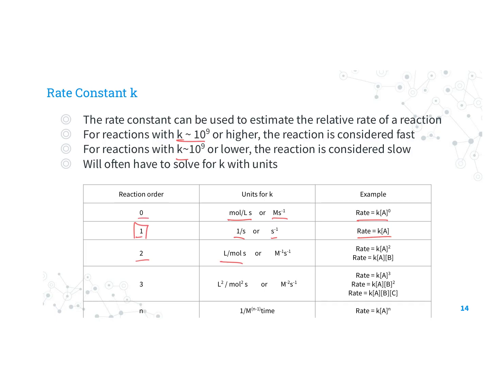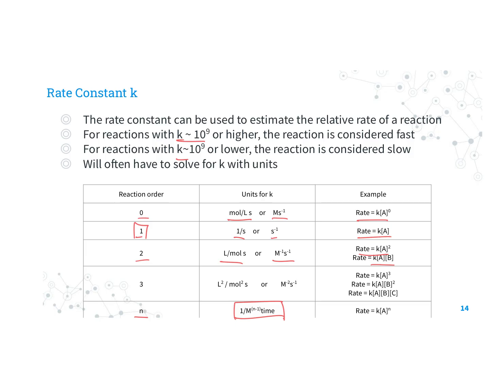For second order, the units are typically liters per mole second, or per molar per second. And this will have k times A squared if it's just one reactant reacting with itself, or as we saw before, it's k times A times B, and so on. If you get down to n, you never really see anything more than third order, but just in case, it's this general form.